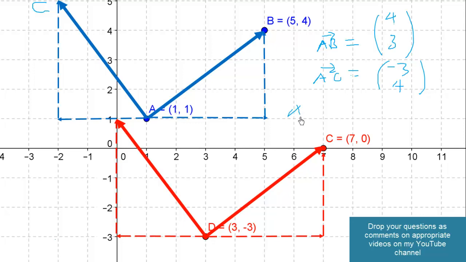Now vector AB dot vector AC will be equal to 4 times negative 3 plus 3 times 4. And this will be equal to negative 12 plus 12, which will give us 0. So this is because the angle over here is 90 degrees.